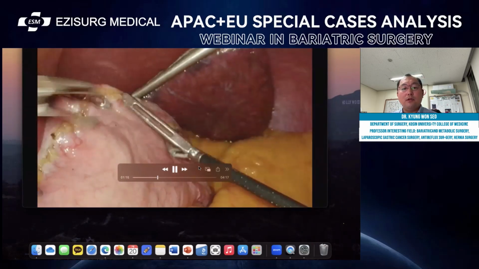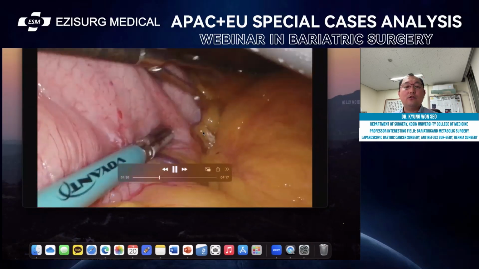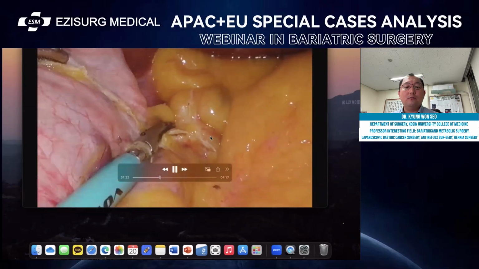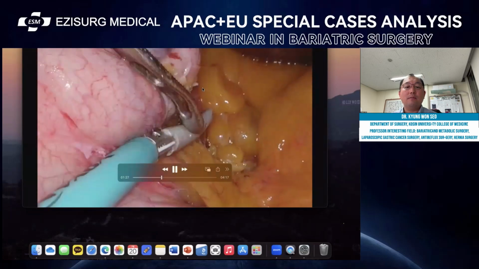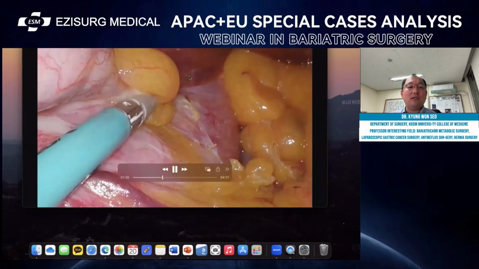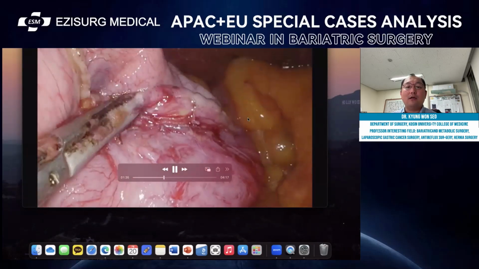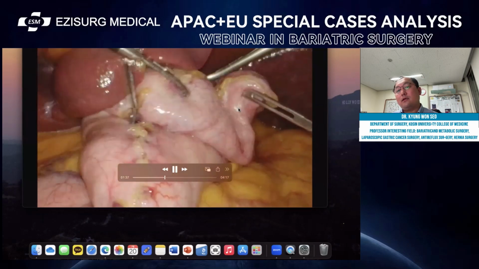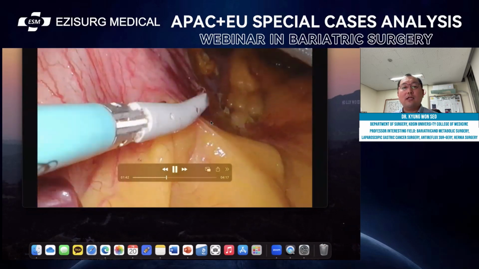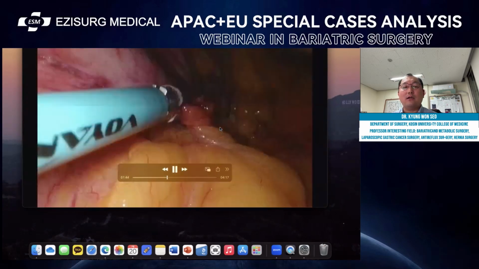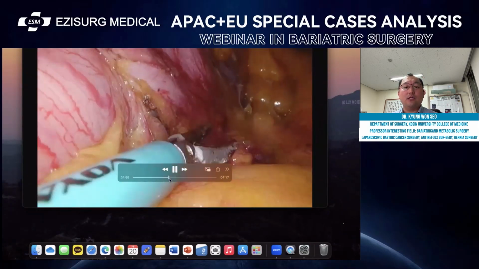The stapling of the posterior side is located here, so we have to make the posterior dissection sufficiently, and we must be careful not to damage the esophagogastric junction. If we damage the angle of His, the occurrence of gastric leakage after sleeve gastrectomy is higher. So this procedure is the posterior gastric dissection.